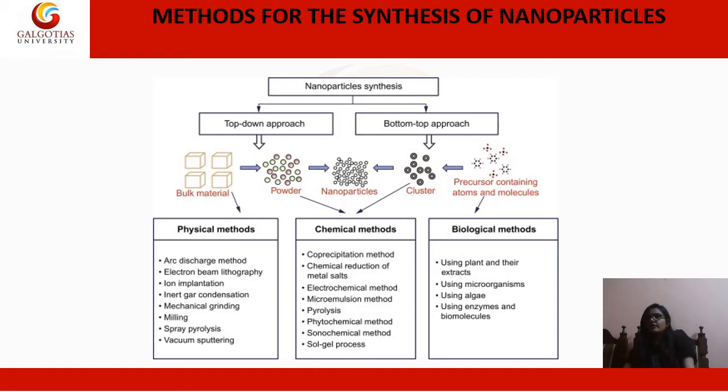In the chemical or physical approach, you are using the chemicals separately, but when you are using the plant material or extract, the plant has its own chemicals which are helping in the reduction or catalysis, or whatever the process needs for the formation of nanoparticles. Automatically, it's the biological approach. So we can use enzymes, biomolecules, bacteria, fungi, algae, microorganisms, that is the biological approach.